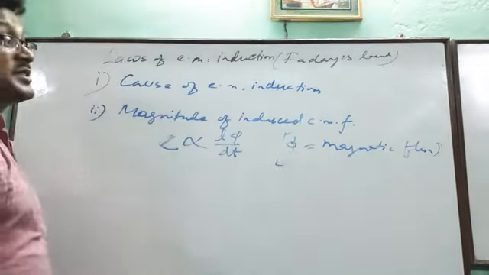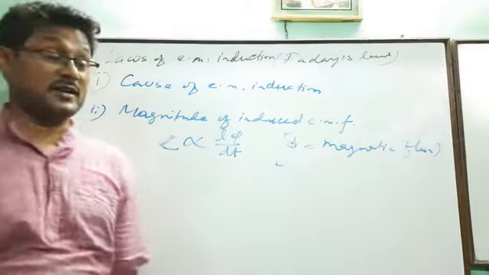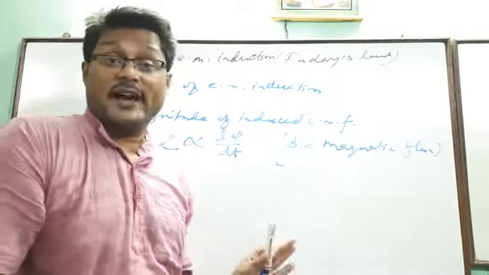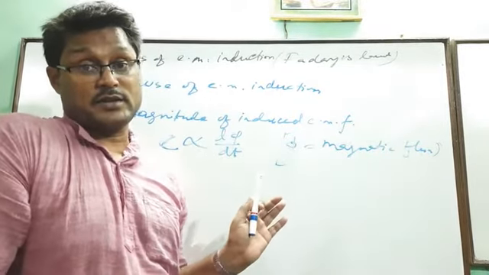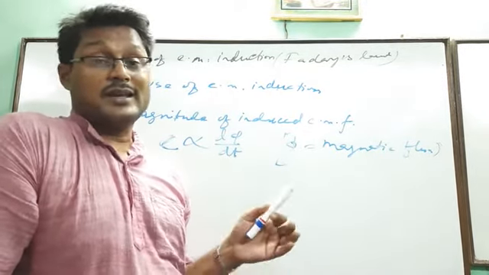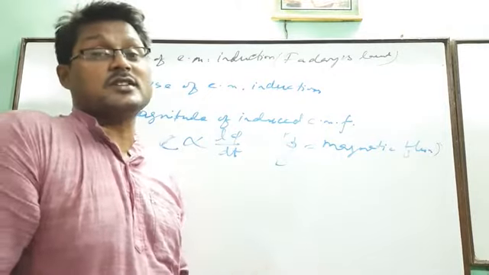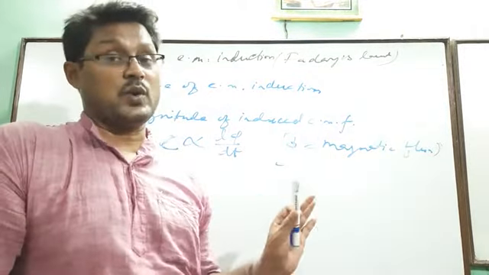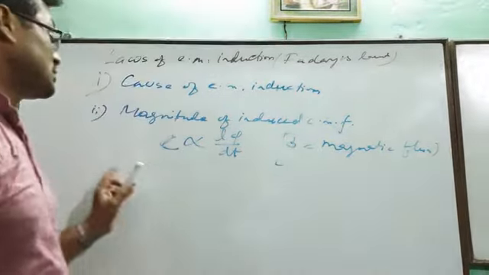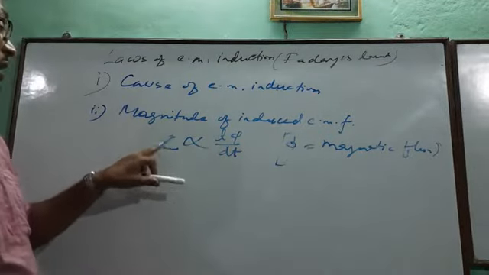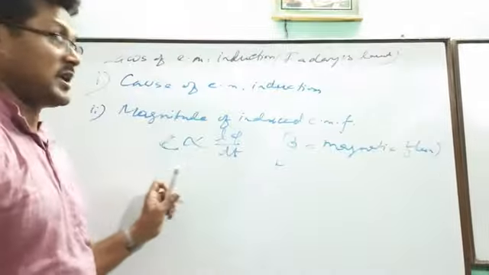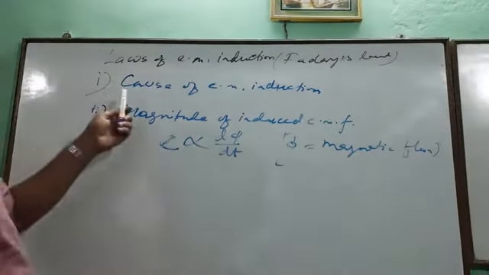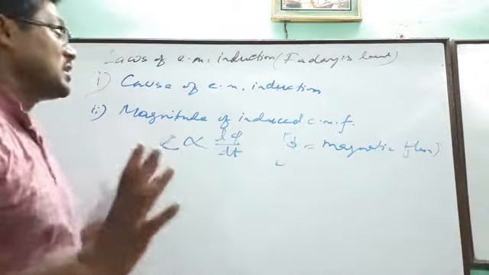Flux, as we have discussed earlier, means lines of force which are perpendicular to any reference plane. Flux is nothing but the lines of force, but the condition is that they must be perpendicular to the plane. So this is the magnitude of induced EMF, directly proportional to the change of flux. This first law gives us the cause.